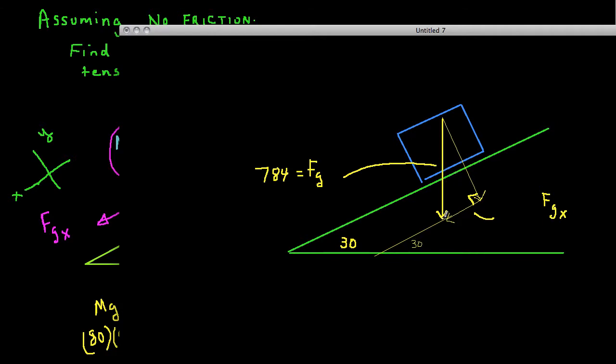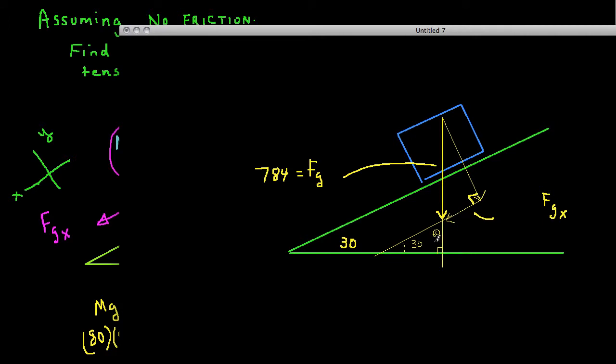Now I take this gravitational force and extend it downwards like that. That tells me that this is a right angle, and since this is 30, and there's a little triangle right here, this must be 60.